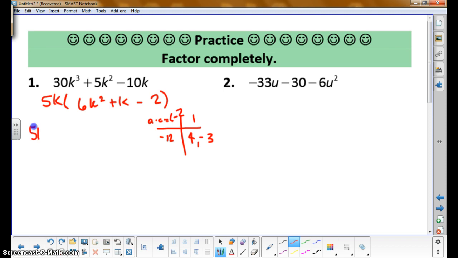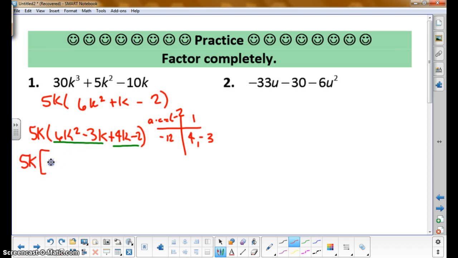So we're going to let that 5k, the GCF factor, ride with us for a while. And we're going to split this middle term: 6k squared, I'm actually going to do the minus 3k first, so that's going to produce a prettier factor between the factoring by grouping. Minus 3k plus 4k minus 2. Now we can factor by grouping. 5k is still riding.